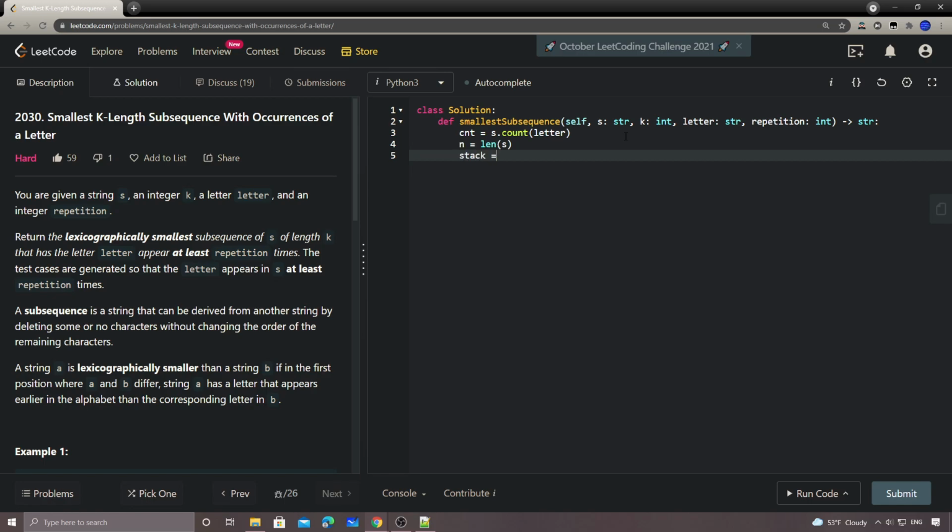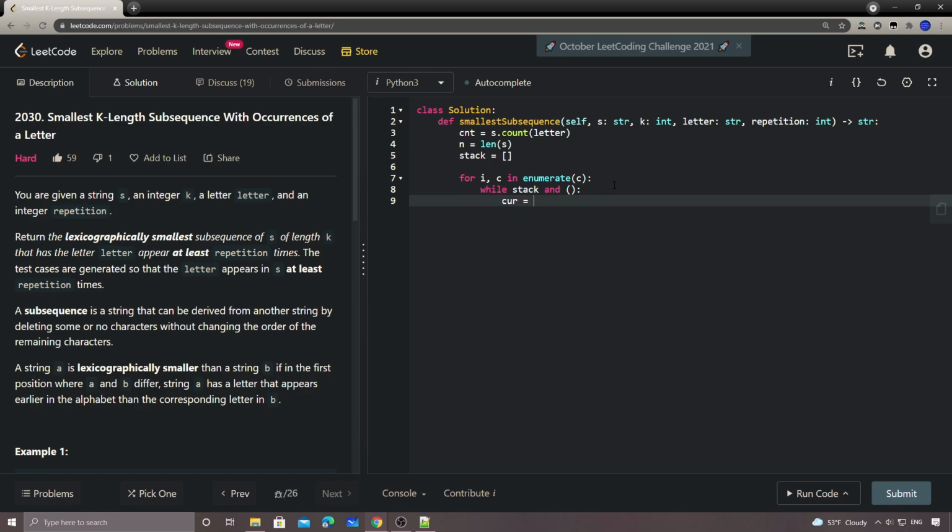So for i, c in enumerate of s, first let's try to pop, so we pop this stack out. First we need to know if the stack is not empty, and some condition here. We'll come back to this condition later.